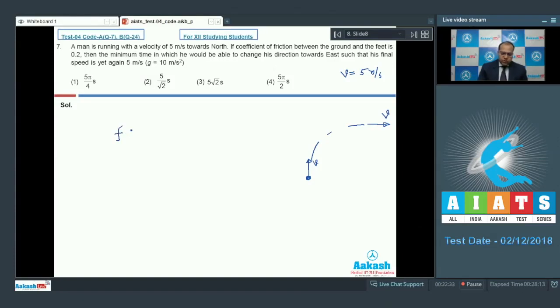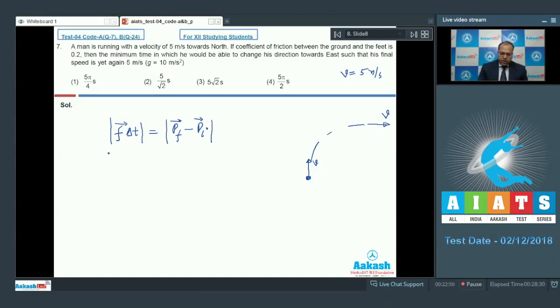So F dt is equal to P final minus P initial. If I write in vector form and take the mod of this, I get the relation.